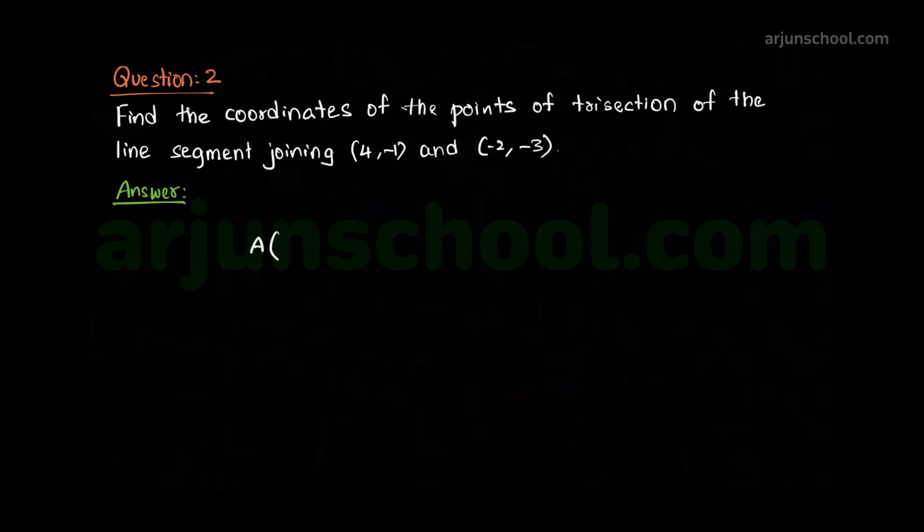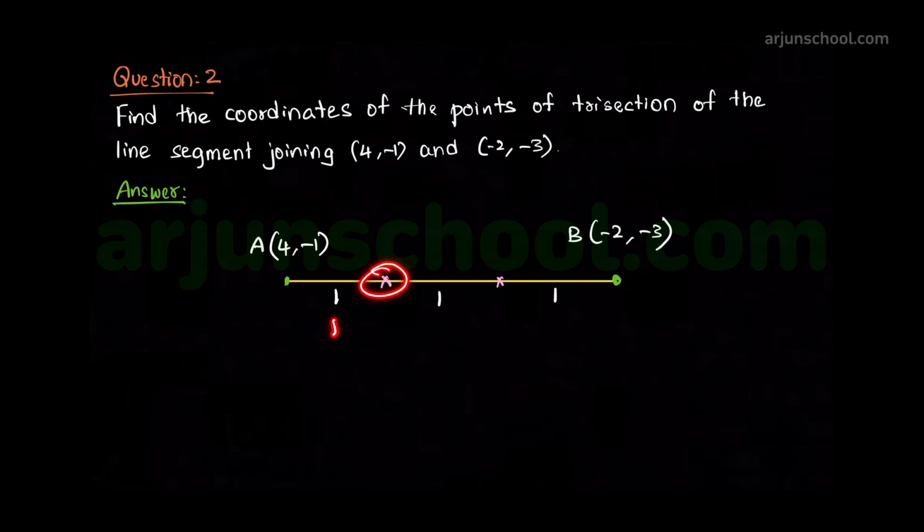Answer. Let the endpoints of the given line segment be A(4, -1) and B(-2, -3). The points of trisection divide the line segment AB into 3 equal parts. The first point of trisection divides the segment in the ratio 1:(1+1), which is 1:2.